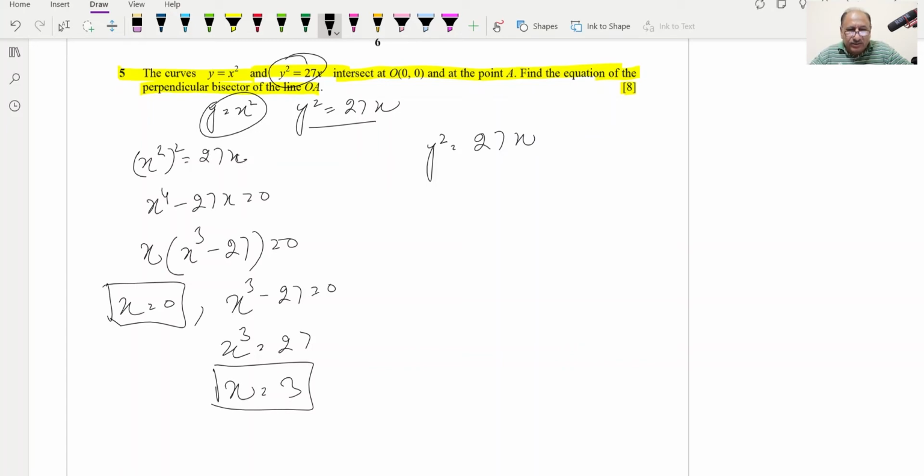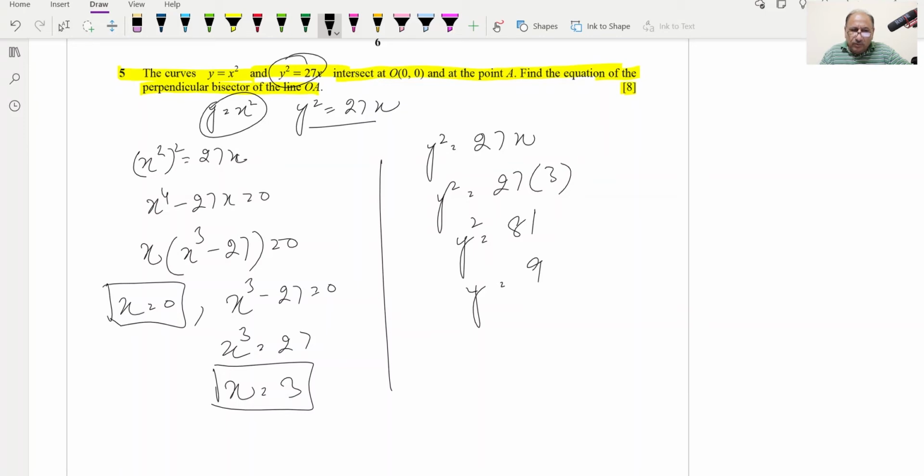If we replace 3 then we will get y square is equal to 27 into 3, so y square will be equal to 81 and y will be equal to 9, the square root of 81. So our point will be 3 and 9.